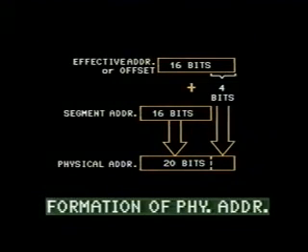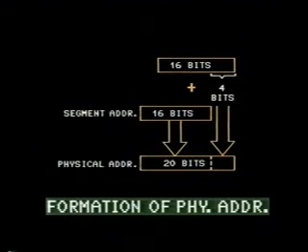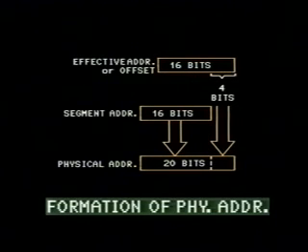In order to generate the 20-bit physical address, the contents of the segment register are multiplied by 10H, that is 16 decimal. This is implemented by appending 4 zeros to the right of the number in the segment register. Then the offset is added to the contents of the segment register so as to generate the 20-bit physical address.